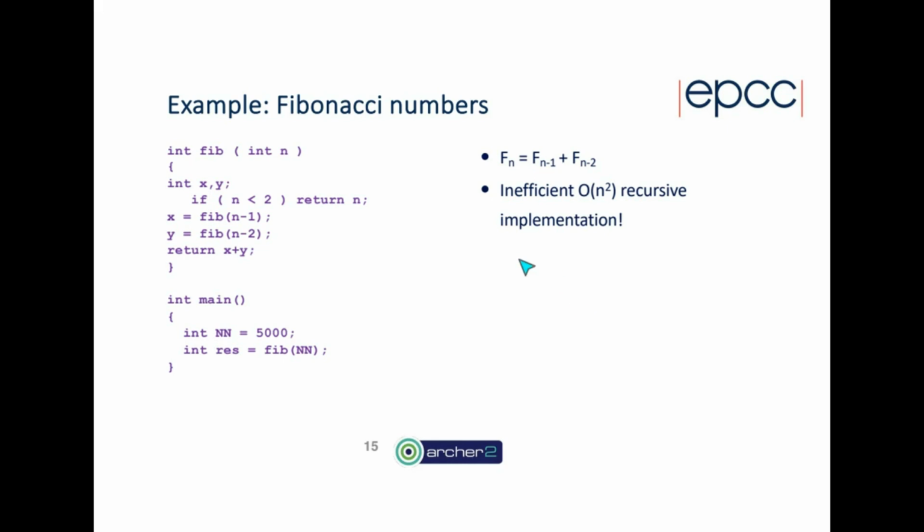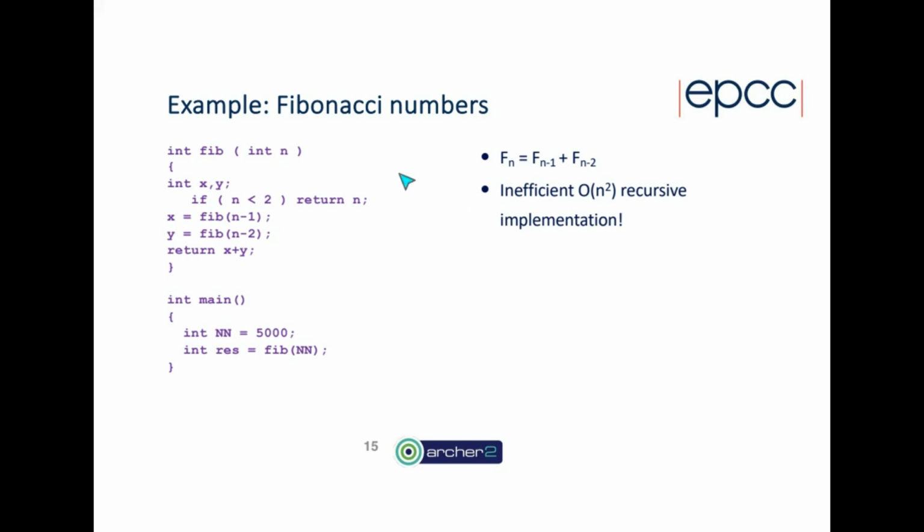I fully acknowledge that this is an idiotic way of computing Fibonacci numbers, because it's exponential, whereas there's a very obvious order n algorithm, but that order n algorithm is inherently sequential. Anyway, it serves as a very nice compact example for recursion.